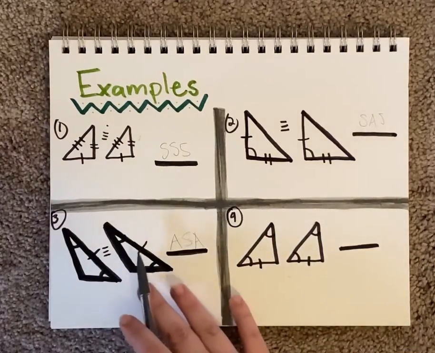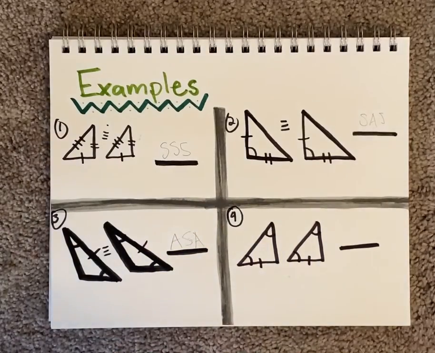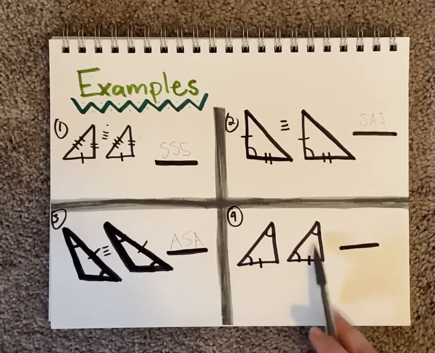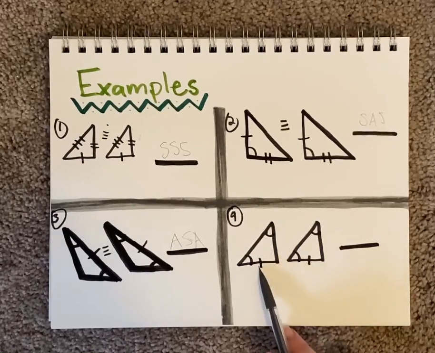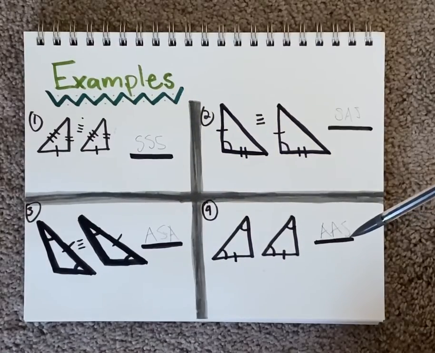The AAS is the one that has the non-included side. And we could see that example in number 4. We have 2 equal angles and then a side. And the side is not in between the 2 equal angles, so we can already assume that this is going to be angle, angle, side.